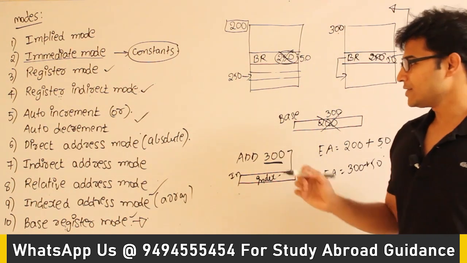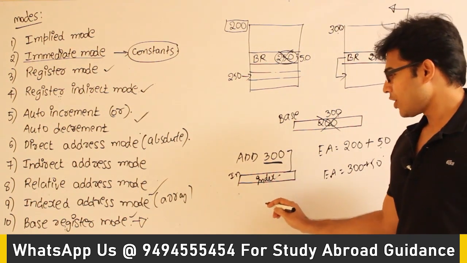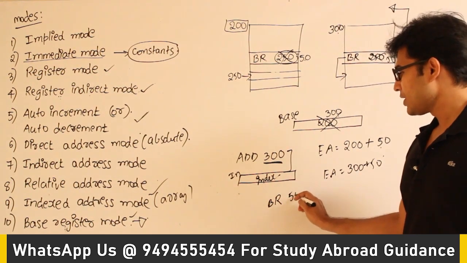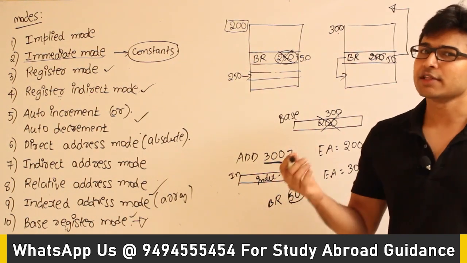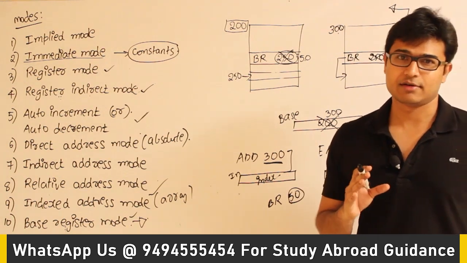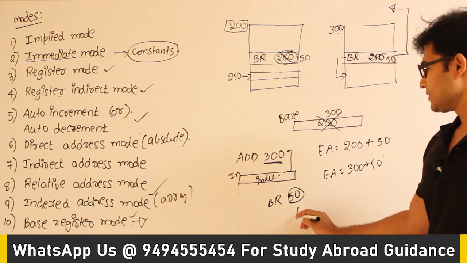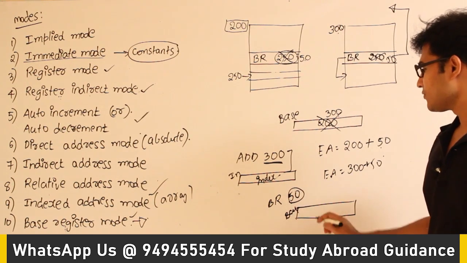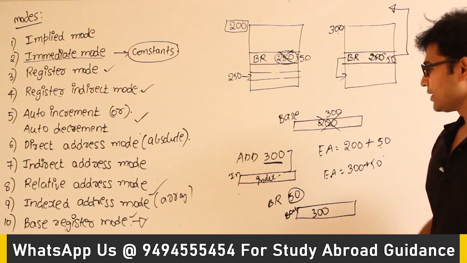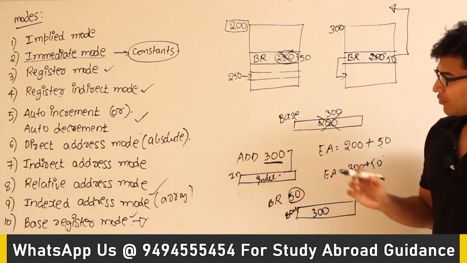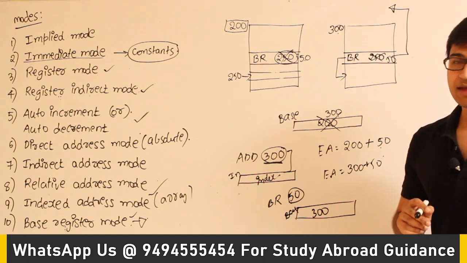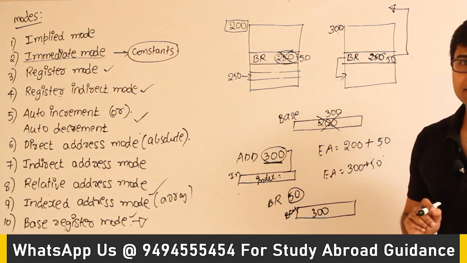But in case of base mode, inside the instruction we have the offset, kind of an index, you can think of it that way, roughly. And then inside the register called the base register, we have the base, right? So in index mode, the base address is present inside the instruction and the index is present in the register.